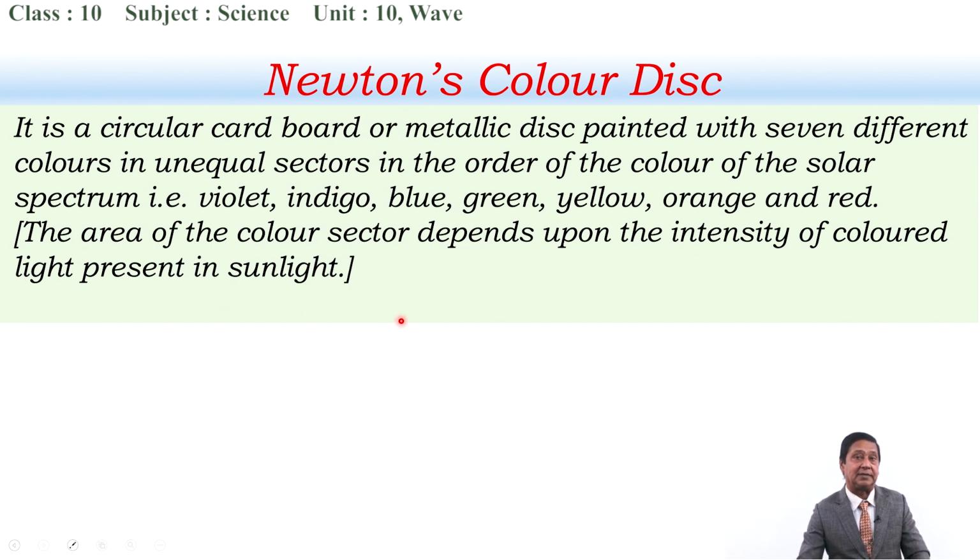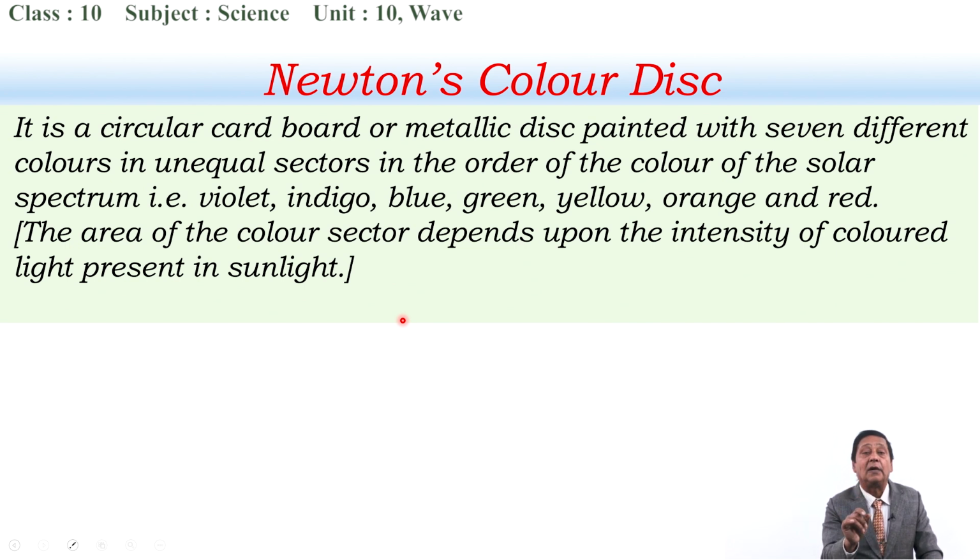All the sectors should not be equal. I mean to say equal sectors are not painted with all these 7 colors. According to the intensity of this colored light present in the sunlight, the area is painted differently. Maybe one has a little more area and another has a little less area.